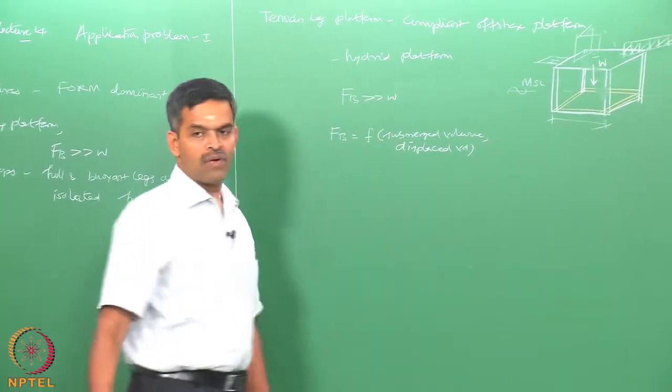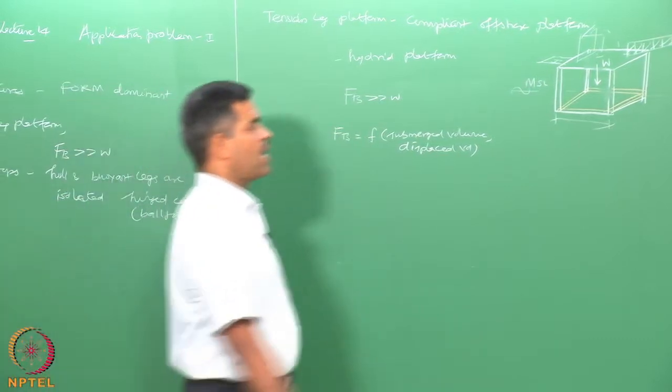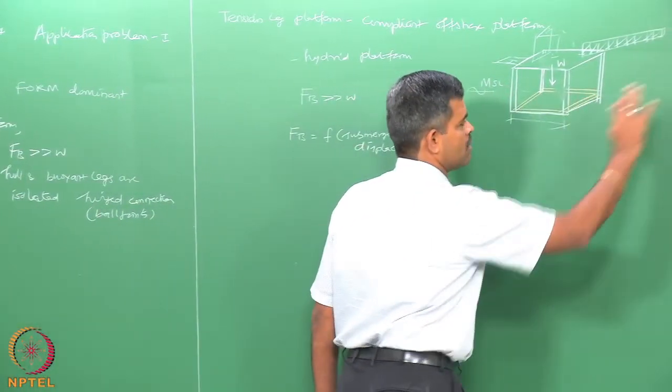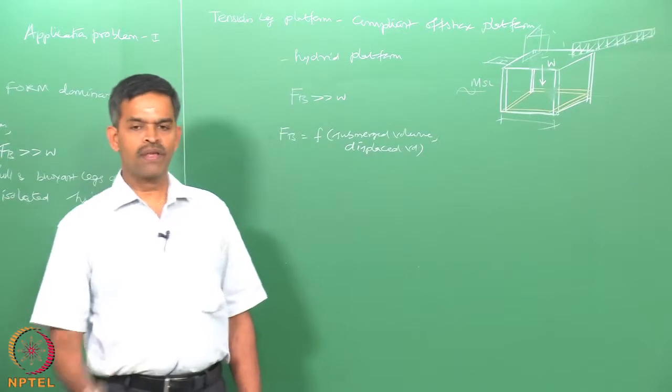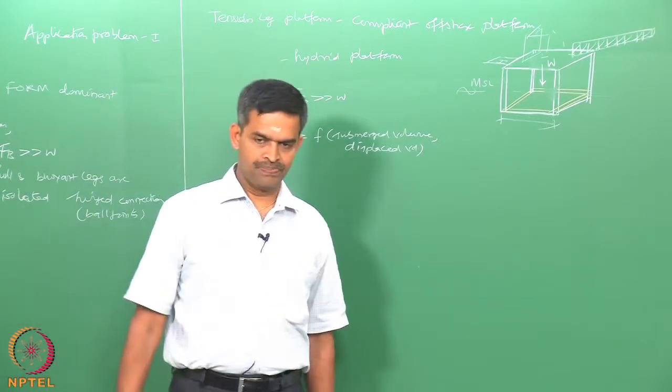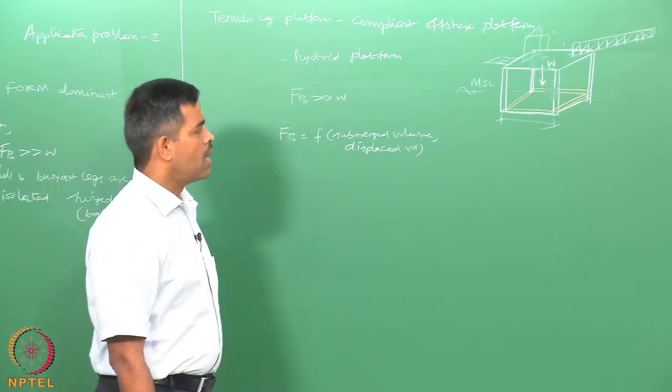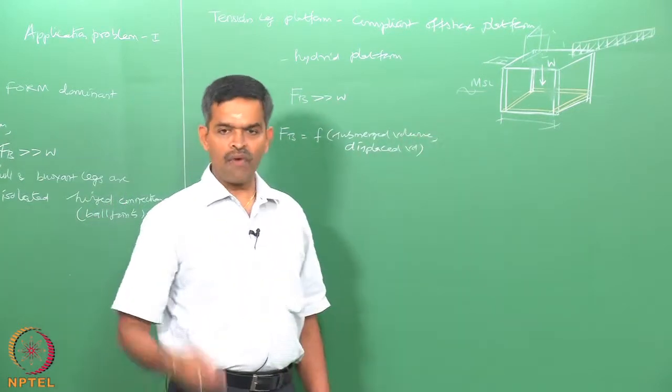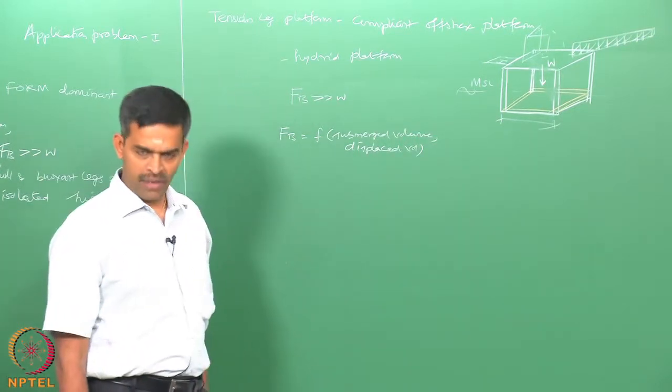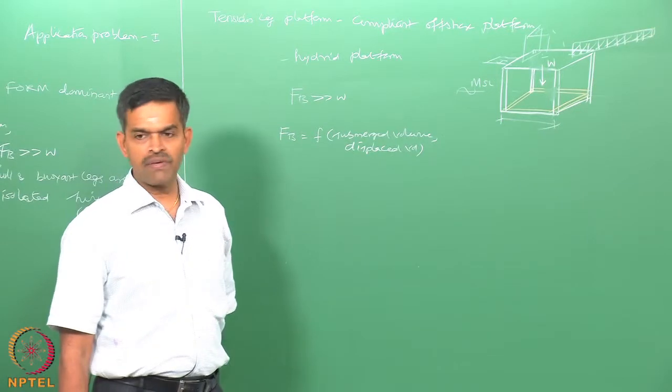The advantage is when buoyancy exceeds the weight, the platform can be set afloat very easily, therefore, transporting, erecting, and commissioning become easy. Okay. However, when you want to install the platform in position for oil exploration, then the station keeping is very important.